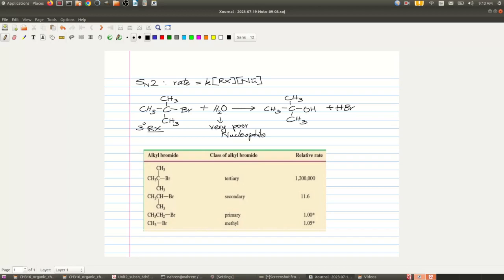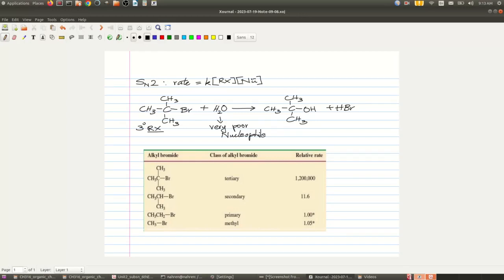And also because water is a very poor nucleophile, we expect that the reaction would be extremely slow. But it turns out that the reaction is actually very fast.